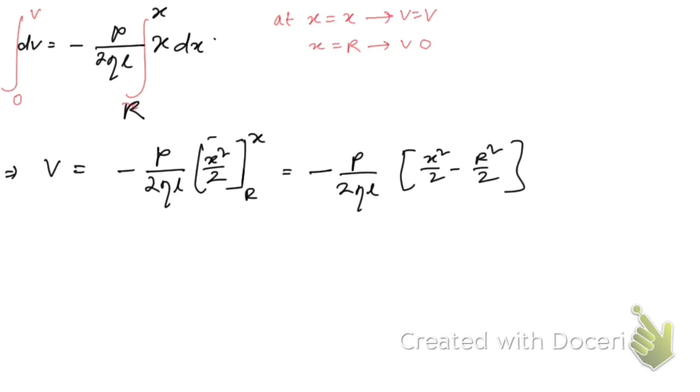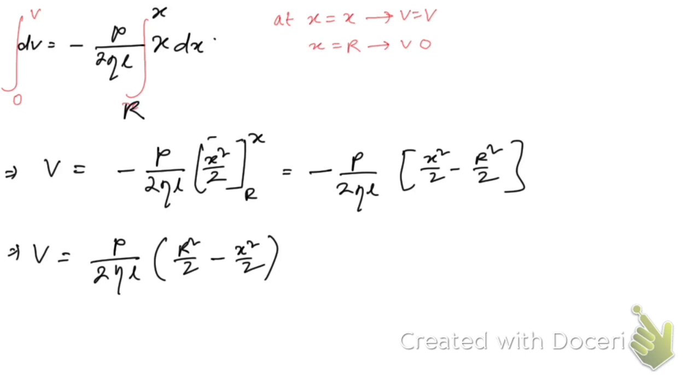On removing the bracket, minus minus plus gives plus, so v is equal to p by 2 eta l times, if you multiply this minus, r square by 2 minus x square by 2. That's what you're going to get.